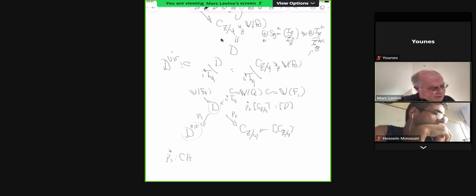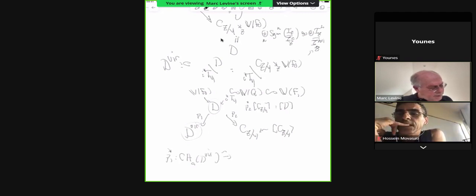From Chow, let's say A of D ver is isomorphic to Chow A plus the dimension of V, right? This is a bundle of rank dimension of V, Chow plus N of D.